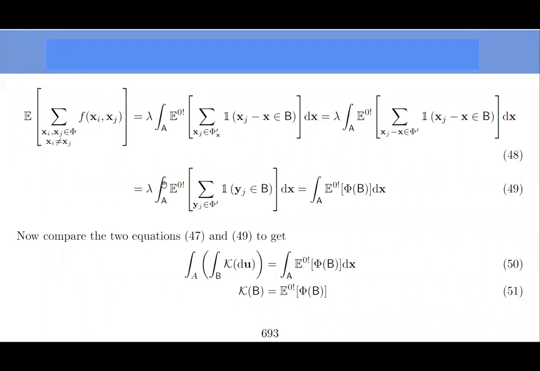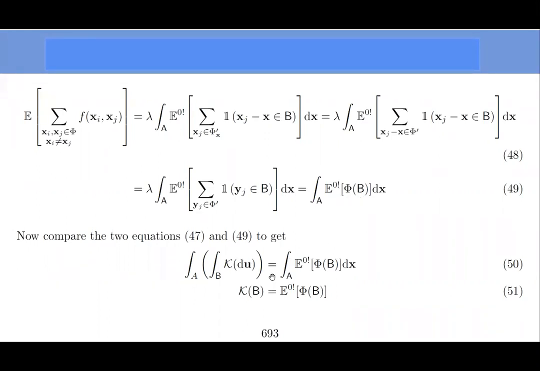So what I get is lambda times the Palm expectation, conditioned on 0, of the indicator that yj belongs to B, yj belongs to phi dash. Now this will have the same distribution as phi, so I can replace phi dash by phi again, and this will be nothing but the integration of lambda times the Palm expectation at 0 of phi(B) dx.